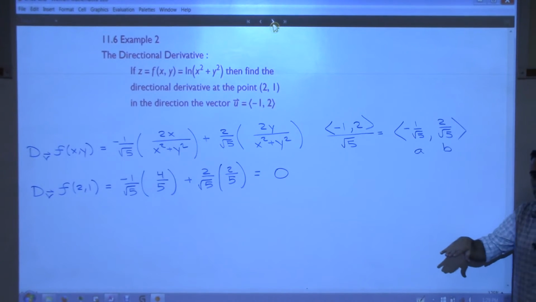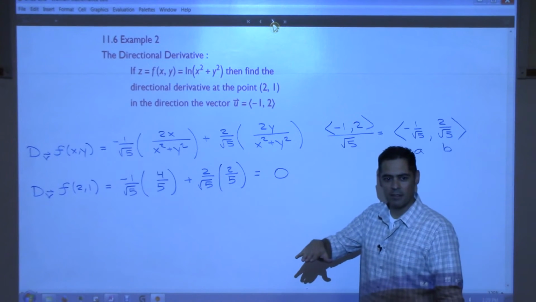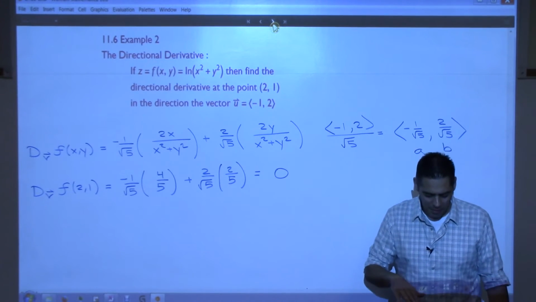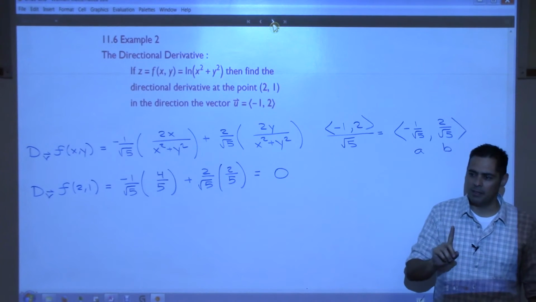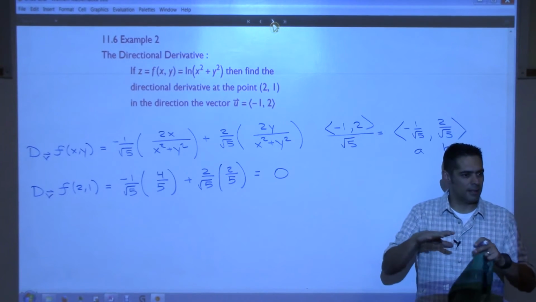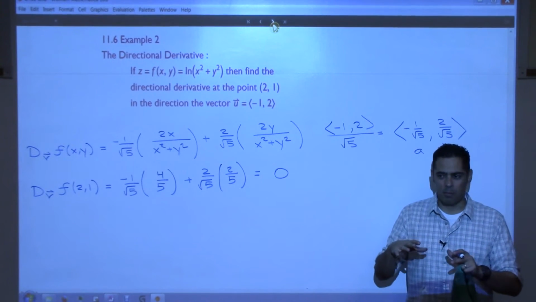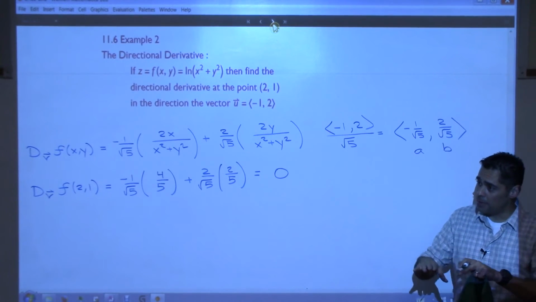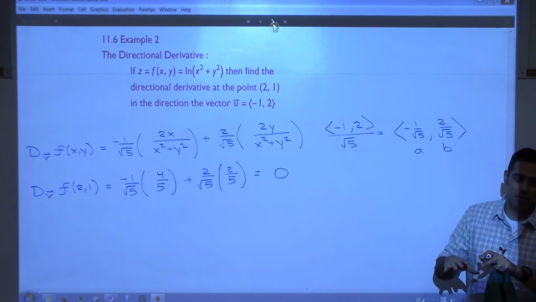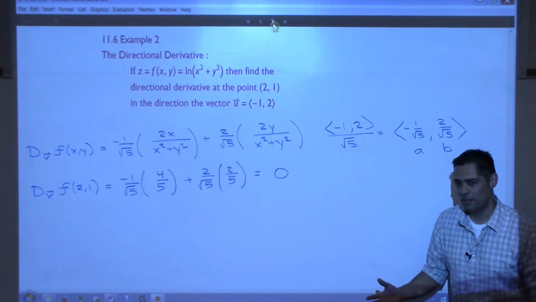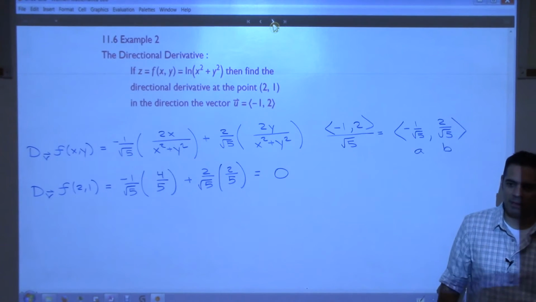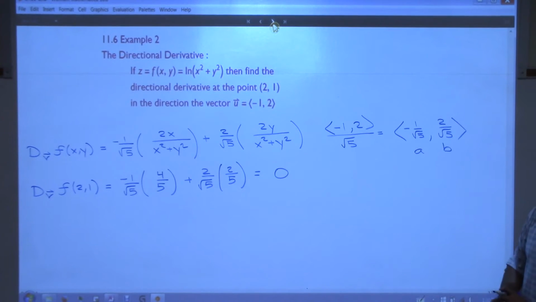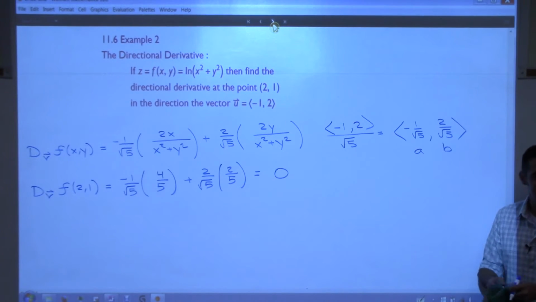Flat. You're flat. So you're standing, and you might possibly be at the top of a hill, or possibly the bottom of a hill, or neither one. It could be a saddle point. It could be a lot of different things, okay? Because the surfaces are complicated.